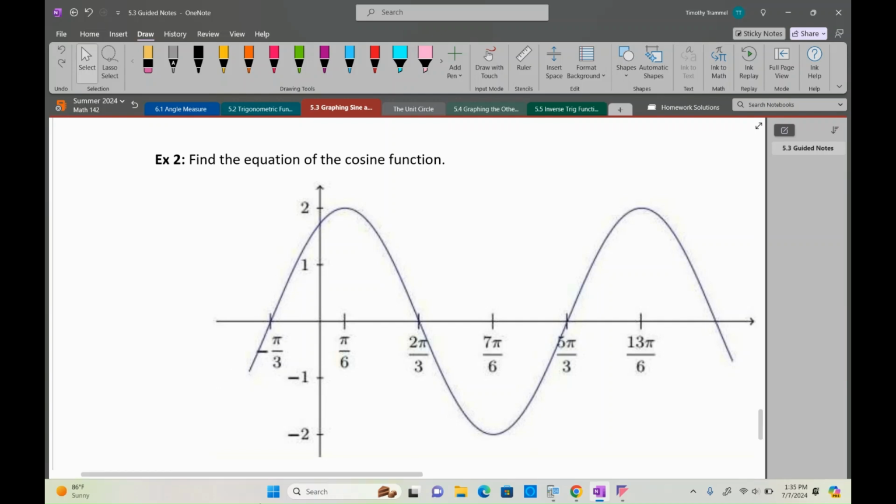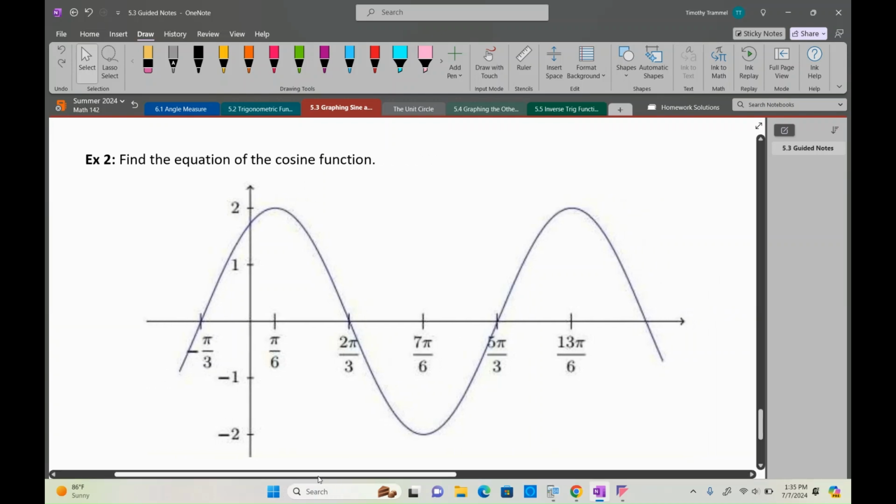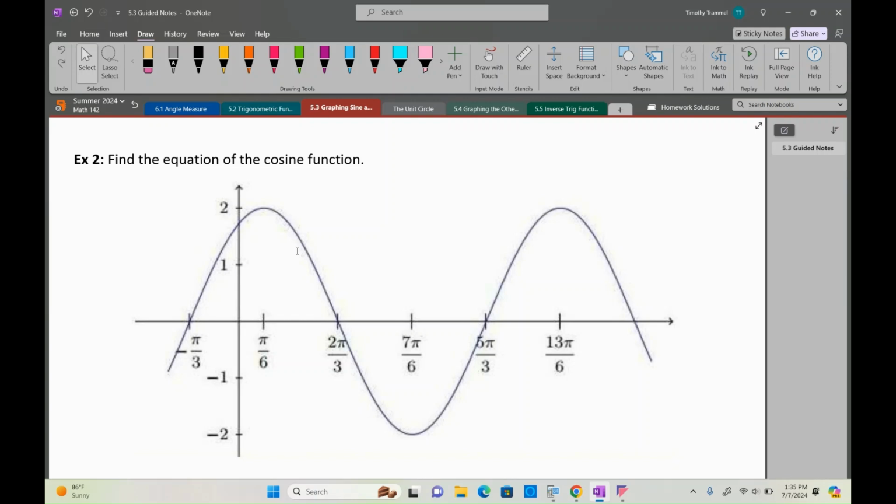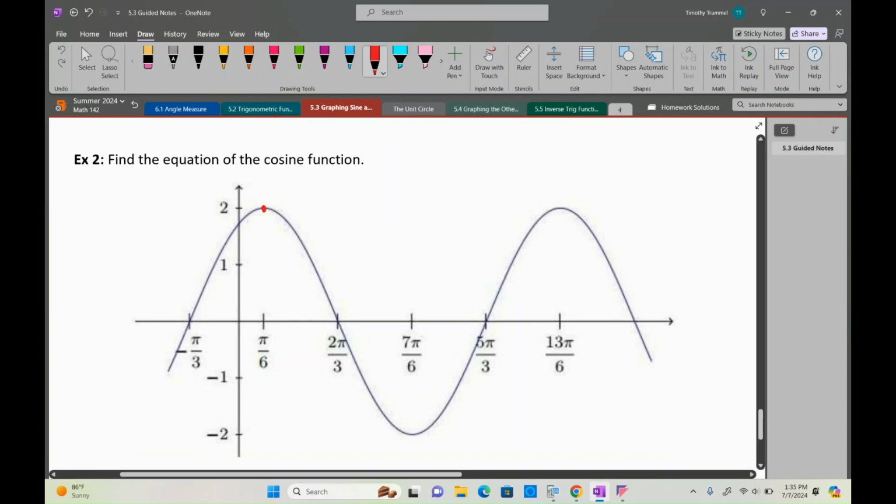Here we're going to attempt to write a cosine equation. So there's actually an infinite number of equations that would give us this picture that we're seeing here. But with cosine, I typically will try to find the peak that's nearest the origin. And so that peak here is right here.